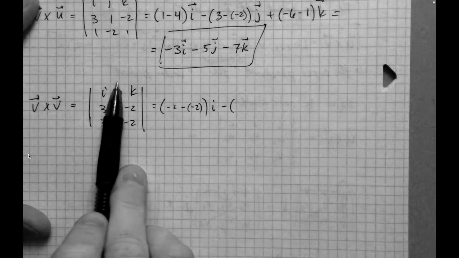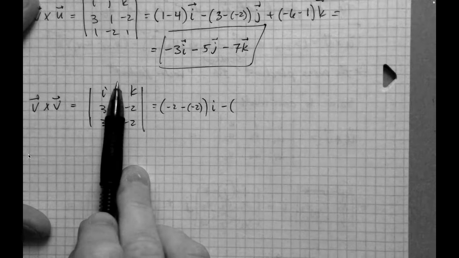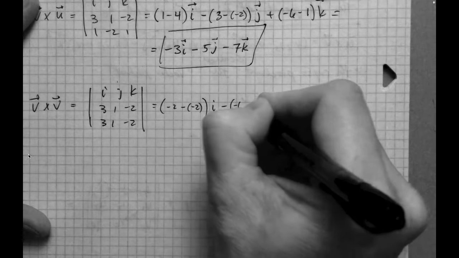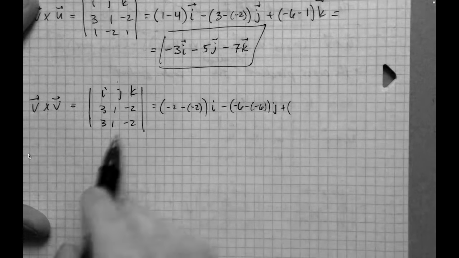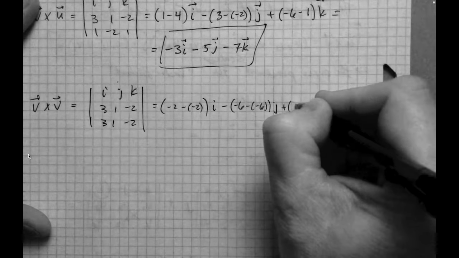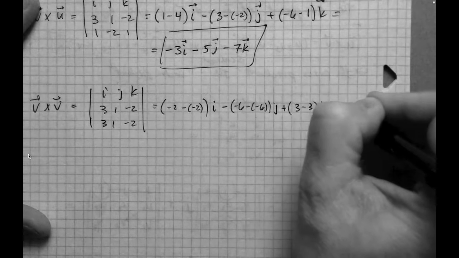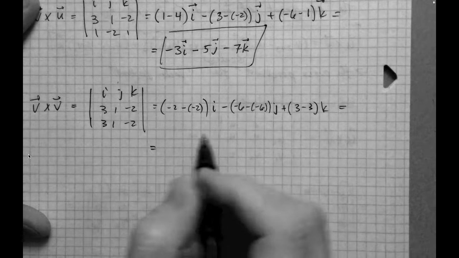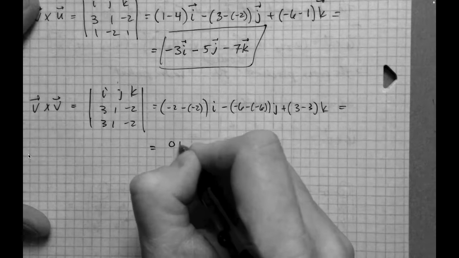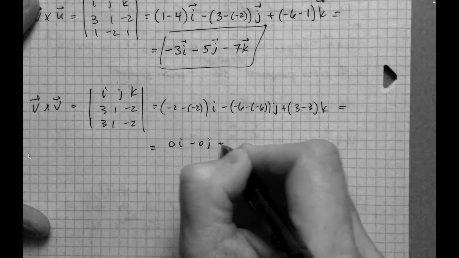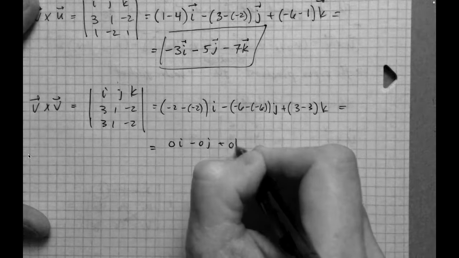And then it's going to be minus, and then we hide the j, so it'll be 3 times negative 2 minus 3 times negative 2. So negative 6 minus negative 6, j, plus, and then it's 3 times 1 minus 3 times 1, so 3 minus 3, k. All right, and so what do we get? 0 minus 0 plus 0. Okay, it's the 0 vector. Keep that in mind, this is the 0 vector.